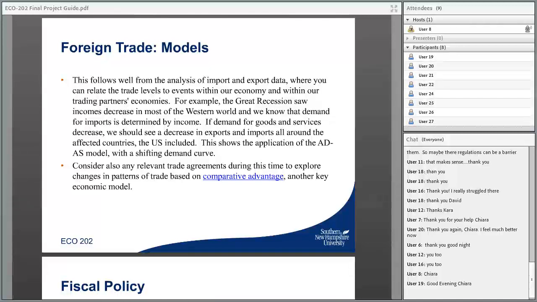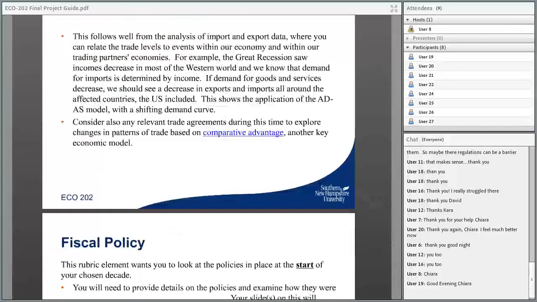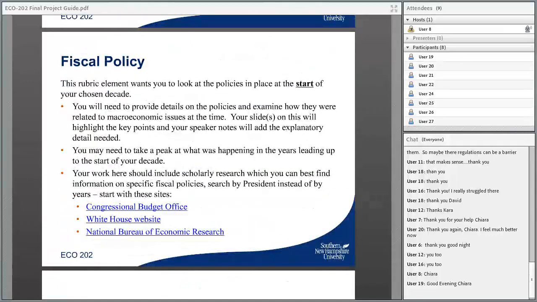In the first slide of fiscal policies, you examine the past. You examine policies from the past that impacted the beginning of your decade. To be exemplary in this category, you will have to cite scholarly resources to support the relation between the policies and the issues. So it's really important that you cite your sources and establish that relation between the policies and the issues that they resolved.